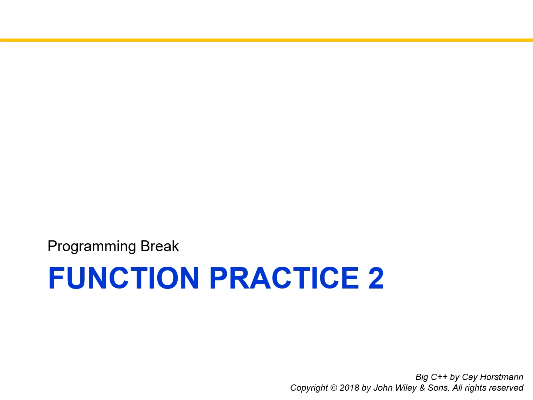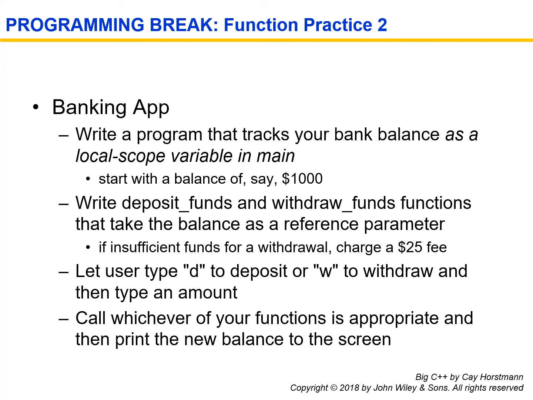Okay, and that brings us to the end of part 2 of our lesson on functions and functional programming. It's time to do a little bit of function practice. The assignment I have in mind for the more advanced programming here is to write a program that tracks your bank balance. Do it as a local scope variable in main, so no cheating with global variables here.